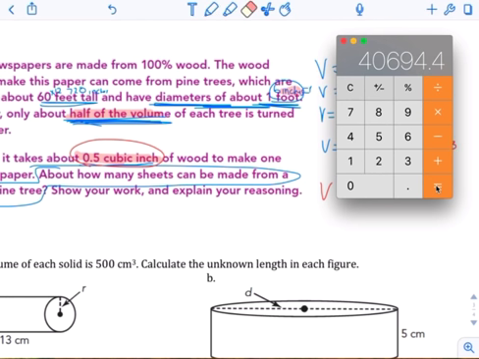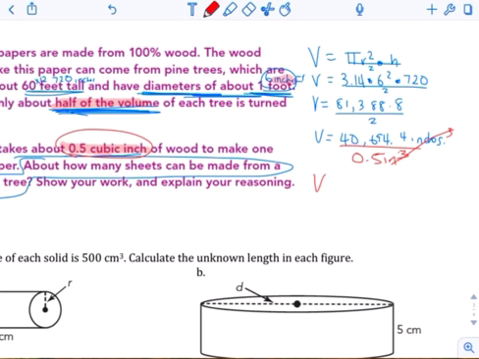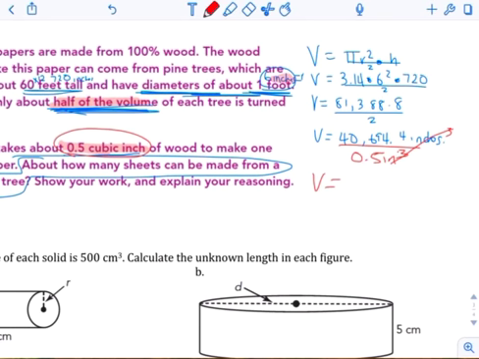Volume equals, this is inches cubed. So your answer is inches squared. Oops, sorry, didn't realize this was there. Oh, this is cubic. That cancels out. So how many sheets of paper can it make? Divide that by 0.5. Hey, it got back the original answer right up there.